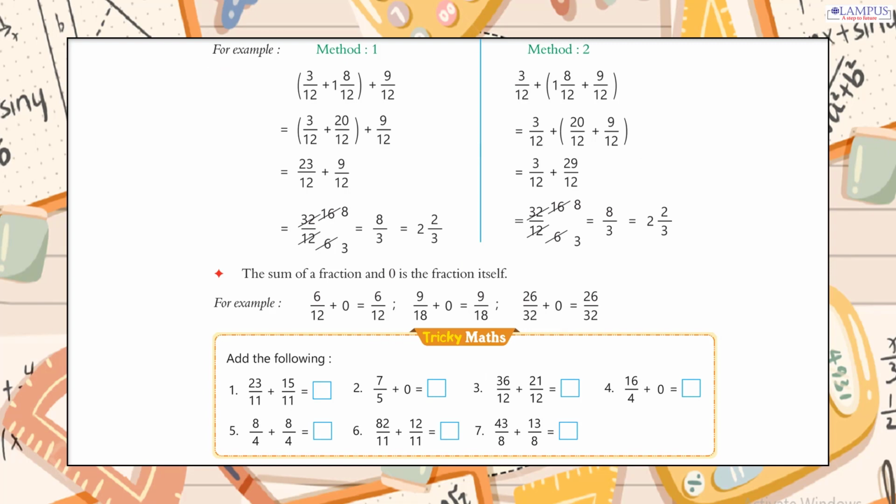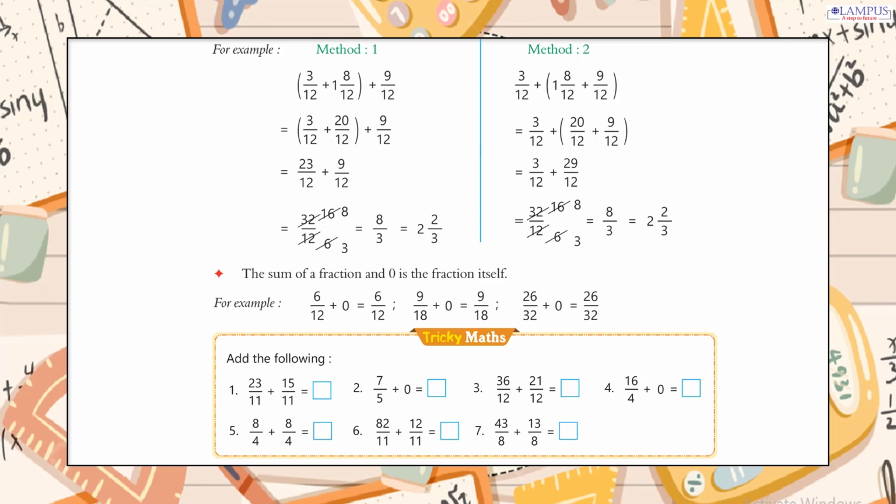For example, method 1. 3 by 12 plus, in a bracket, 1 and 8 by 12, plus 9 by 12. Solve the bracket, then add the remaining. In a bracket, 3 by 12 plus 20 by 12, plus 9 by 12, as it is, equals 23 by 12 plus 9 by 12 equals 32 by 12.